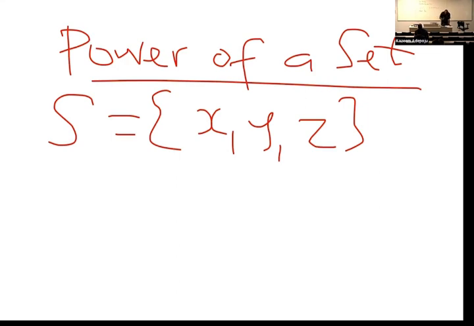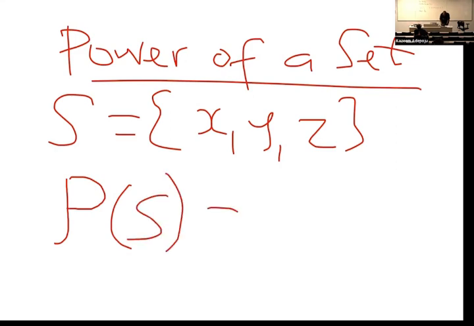Now, we have a notation for the power. Take a look at that. What do I want to find? The power of a set S. If I want to know the possible number of subsets we can have here, we have a formula that we're going to use, and I'm going to show you right away.